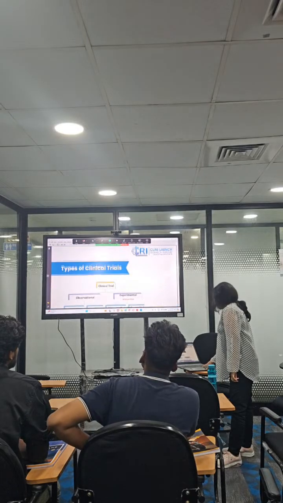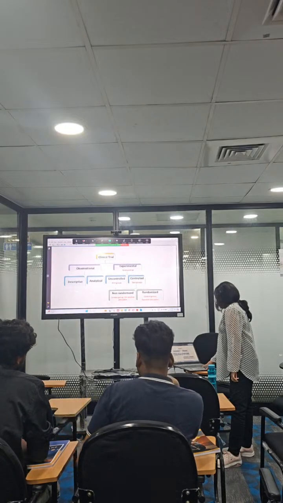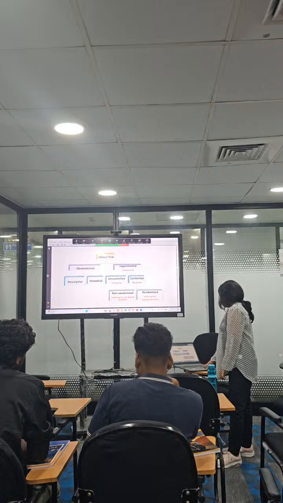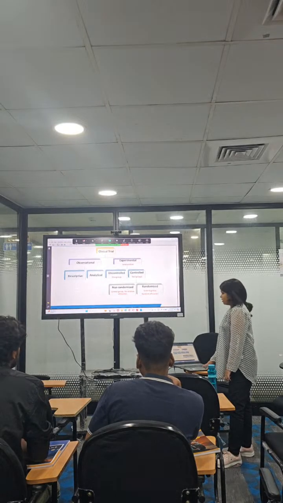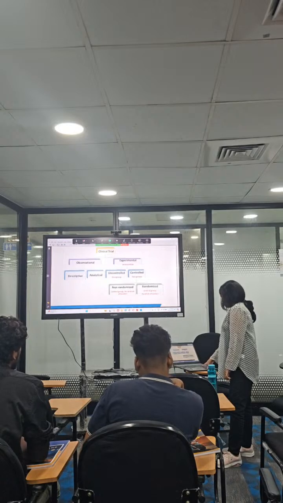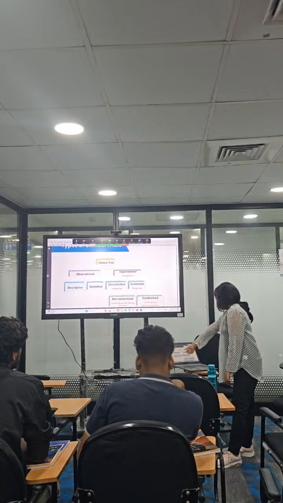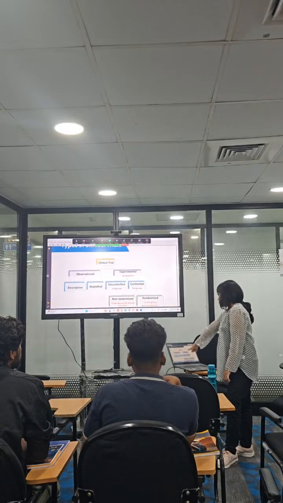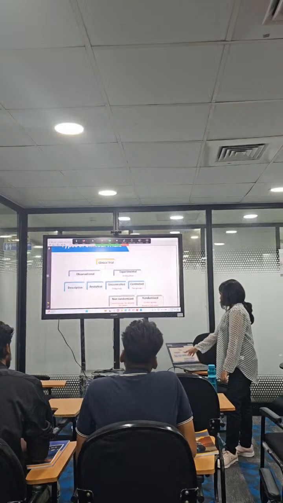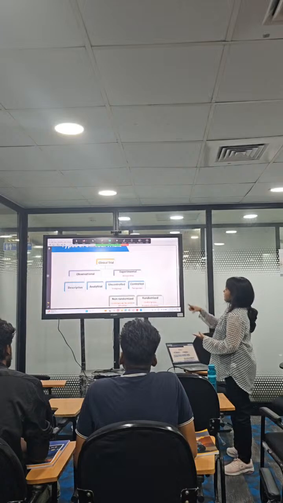Well, as we discussed, clinical trials have two types: observational and interventional or experimental. Observational is categorized into descriptive and analytical studies.